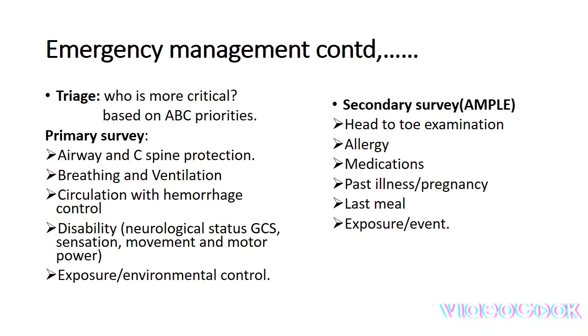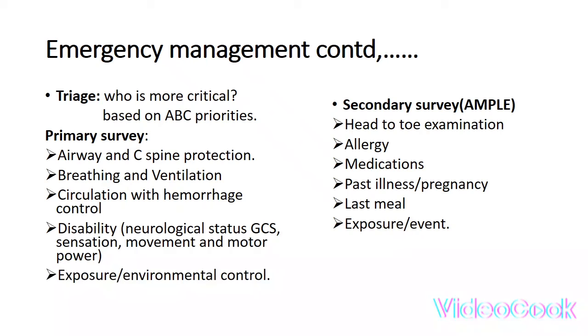When we say ABC, it means airway, breathing, and circulation. So someone who has an airway obstruction, or who is not breathing well, or has compromised circulation, these people need special attention in the emergency.